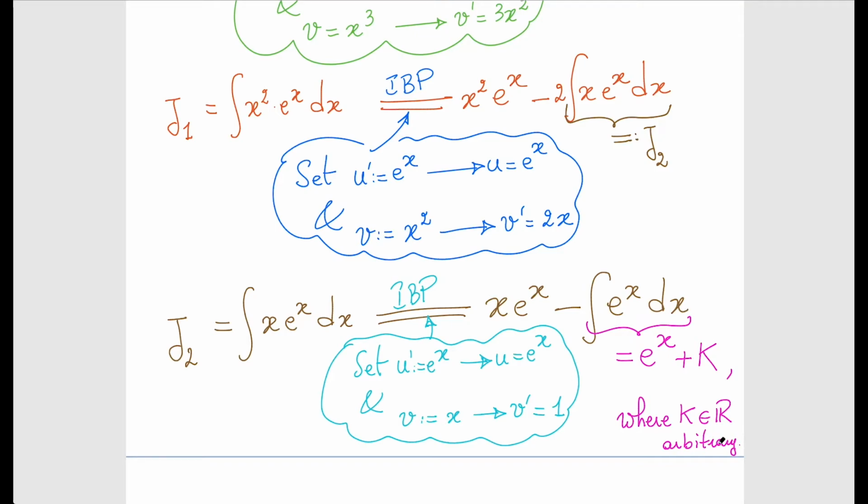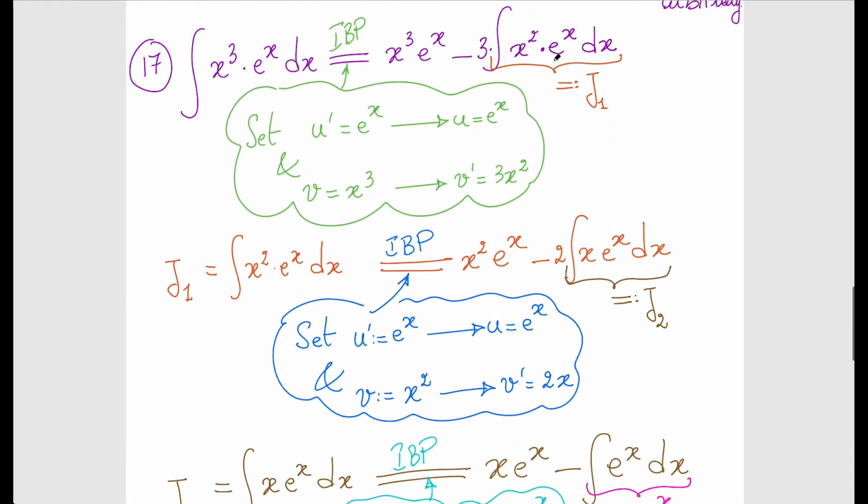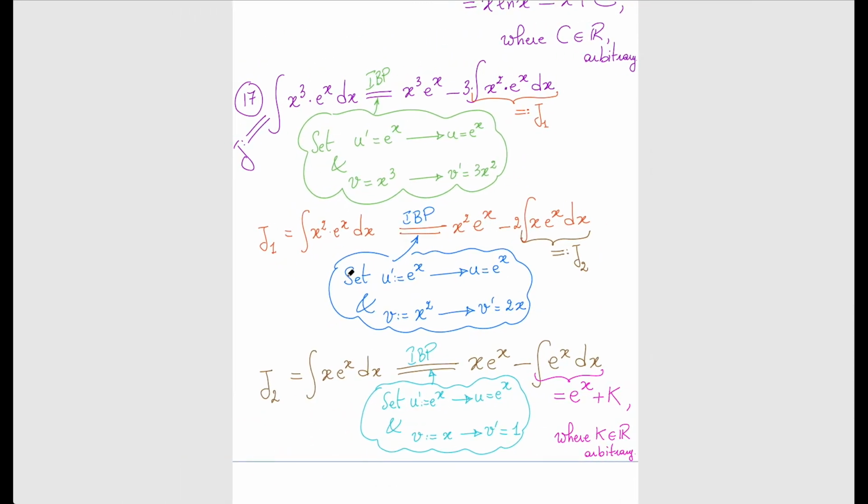All right. So we found j2, and hence we found j1. And if you find j1, then you found the desired integral. Let's give it a name: how about j for that integral? Okay, now we're going to collect information.